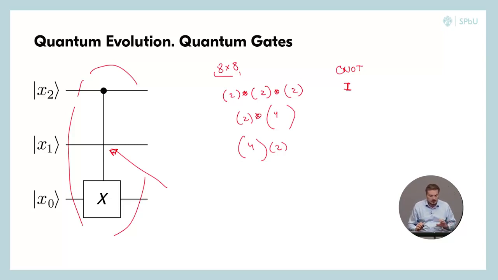But maybe we can decompose this C0 matrix as a tensor product of 2 smaller matrices A and B, each a 2 by 2 matrix. If we could do that, then we could represent this operator like this.